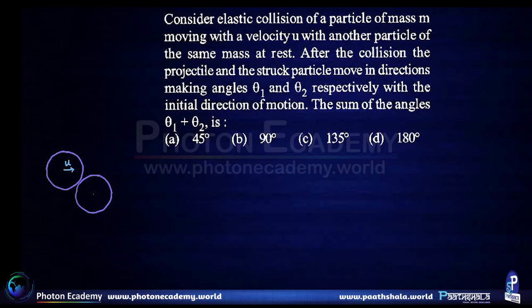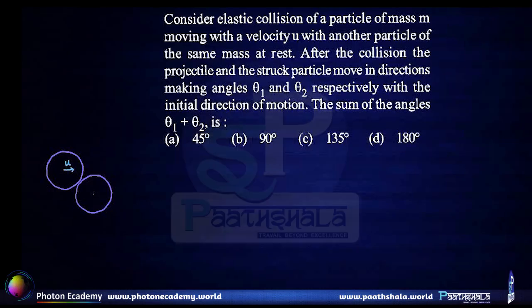So here we have two bodies that are about to make an oblique collision with each other. One body is moving horizontally with velocity u and the other body is at rest. Both bodies would face an impulse, and that impulse would be perpendicular to the surface of collision.